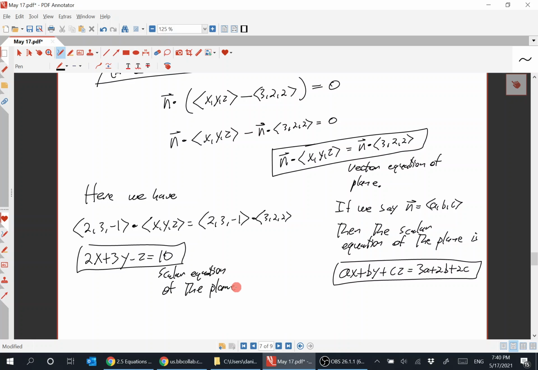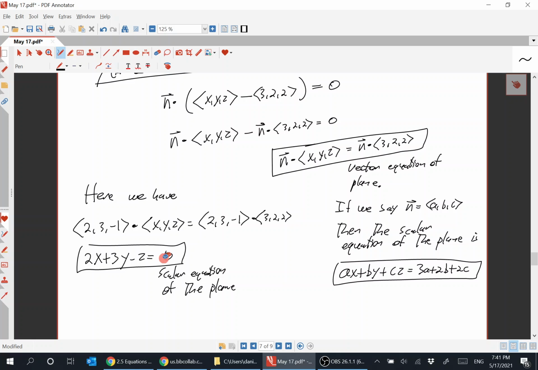Notice the scalar equation of the plane has the normal vector sitting there, 2, 3, negative 1. It's just the coefficients of x, y, and z. That's the normal vector for the plane.